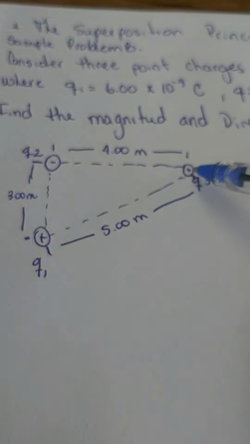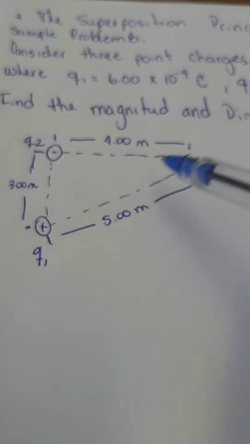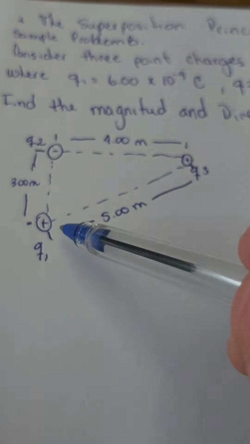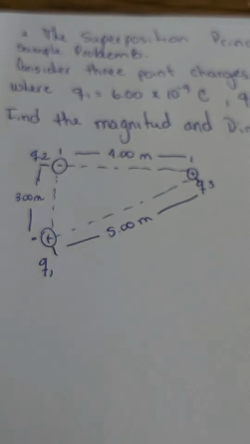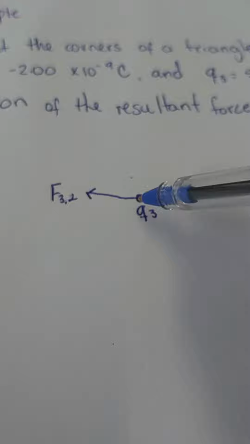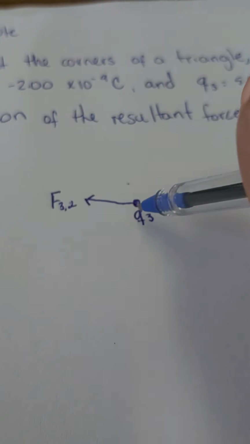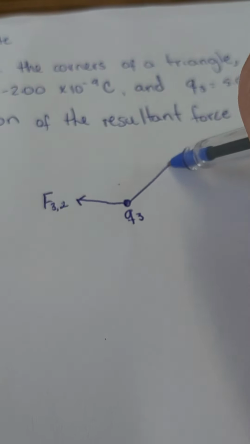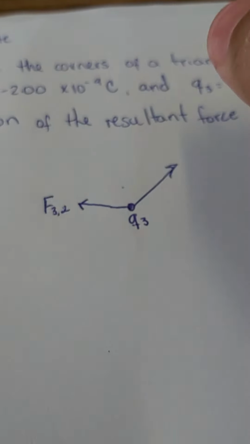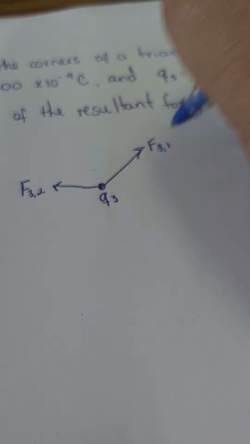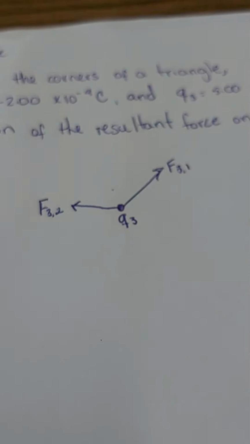Now, charge 3 and 1. Notice that they are like charges, positive, positive. Like charges repel. So instead of this charge going in this direction toward charge 1, it will repel and go in this direction. This will be electric force 3,1.